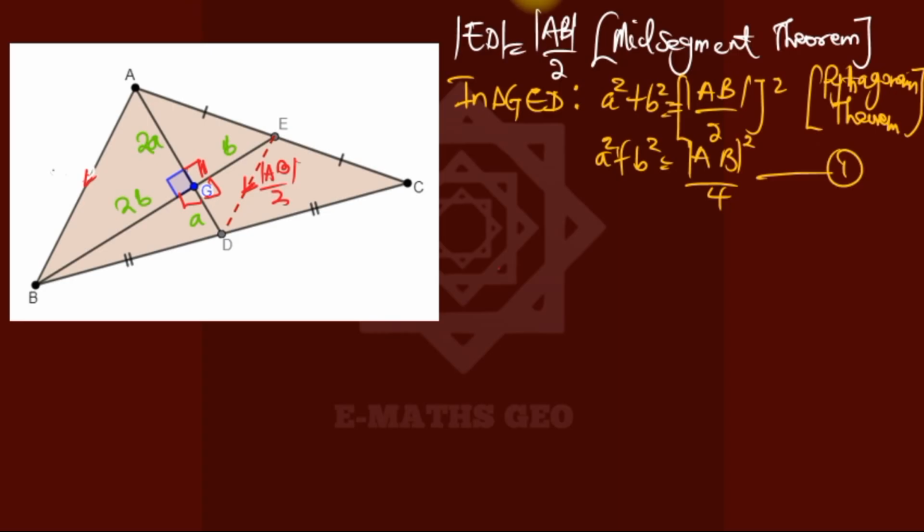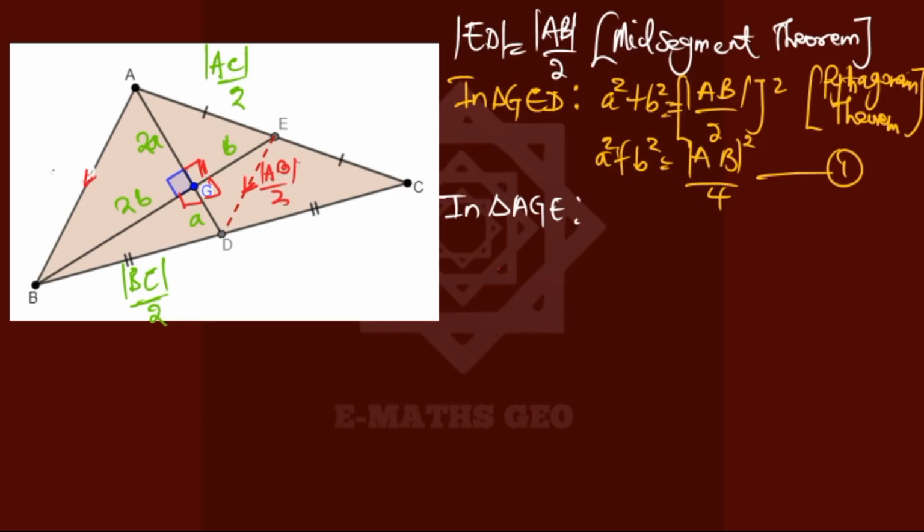Look at the second right triangle, that is triangle AGE. E is the midpoint, meaning that AE is half of AC, so I have AC over 2. Similarly, BD is half BC, that is BC over 2.